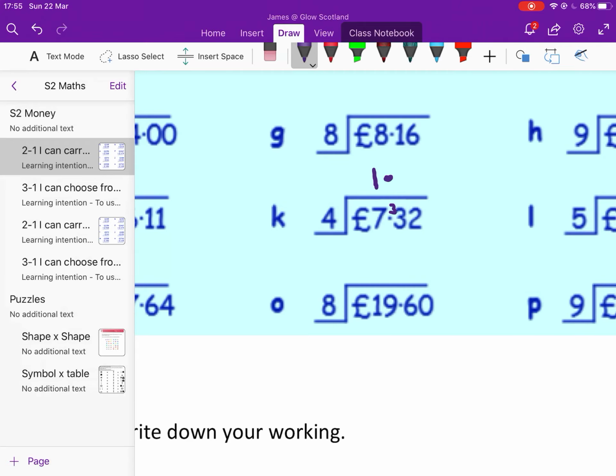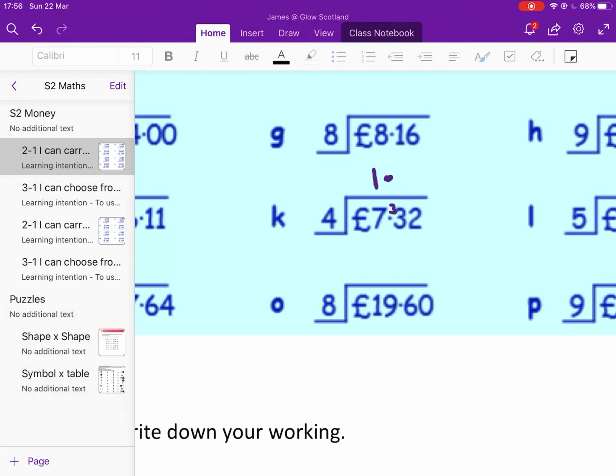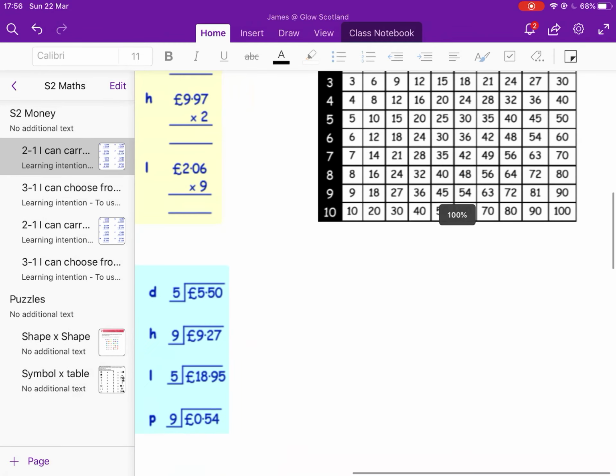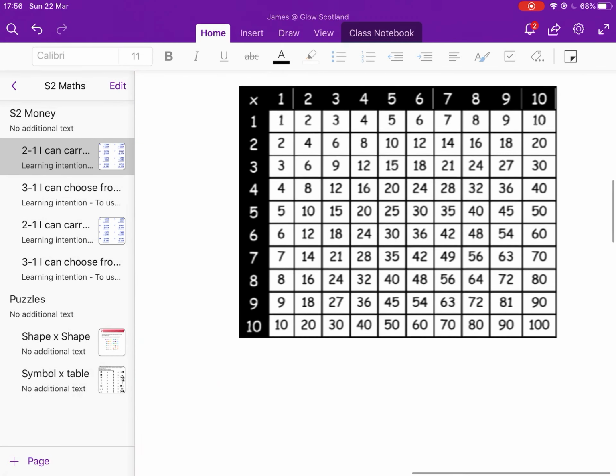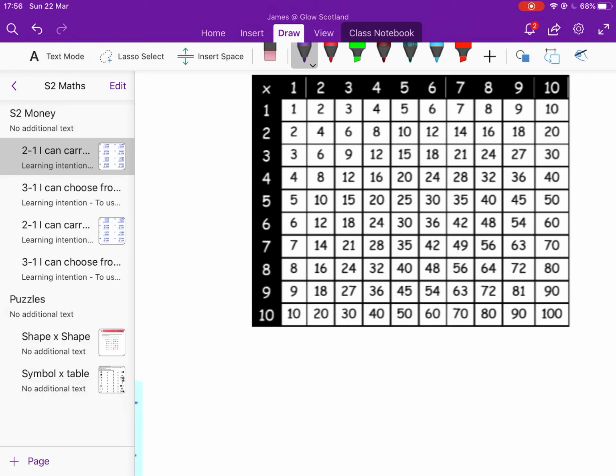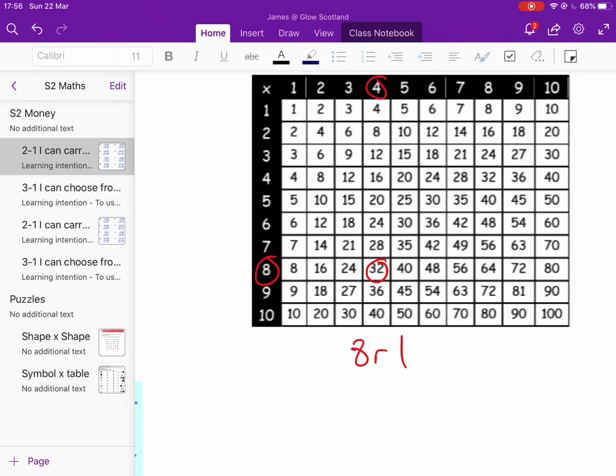Now 4 into 33, so let's refer to our table square. If I look at my 4 times table, I want to try and get as close to 33 without going over it. So 4 times tables here. Come down, 32 is the one, so I'm actually looking for 8. But it's going to be 8 remainder 1 because I've got 33.